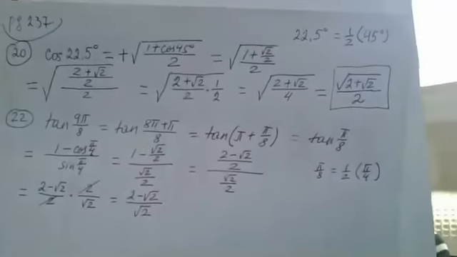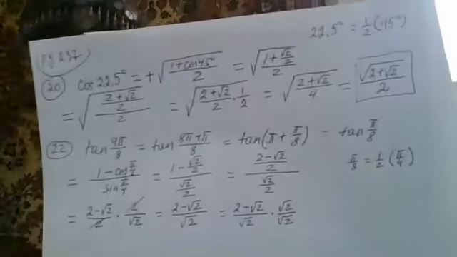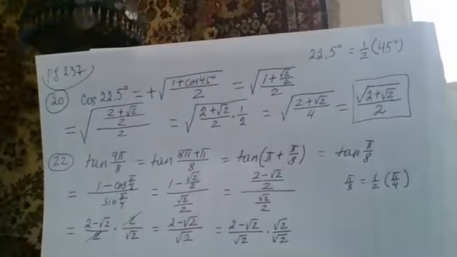But because you have that square root of 2 in the denominator and you like to get rid of it, we will be multiplying top and bottom by square root of 2 over square root of 2. On the bottom, square root of 2 times square root of 2 is square root of 4, which is 2. Or you can say square root of 2 times square root of 2 is square root of 2 squared, which also gives you just 2.